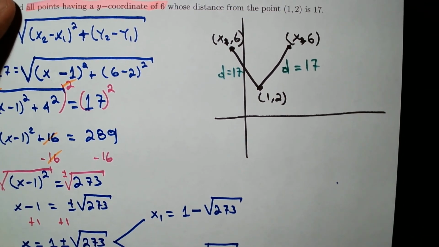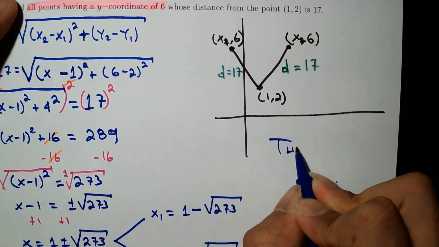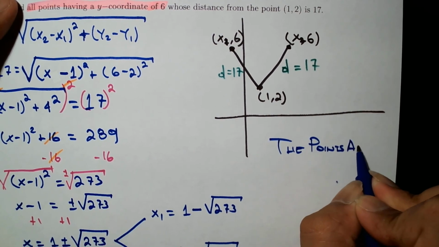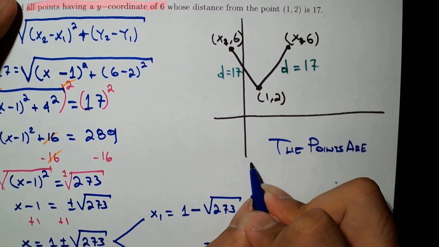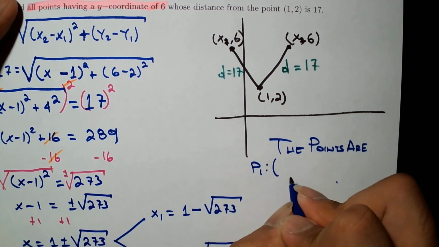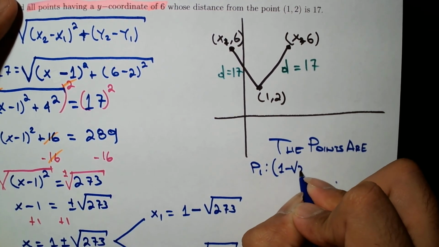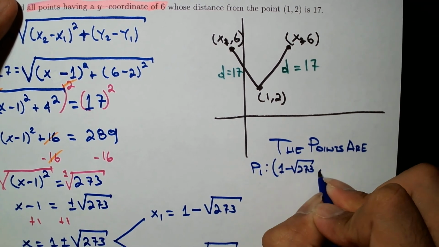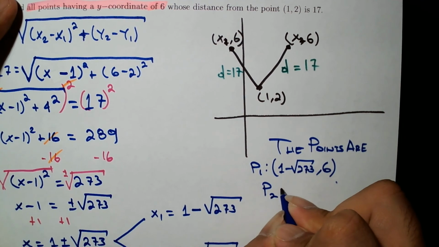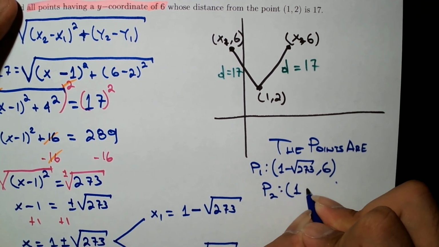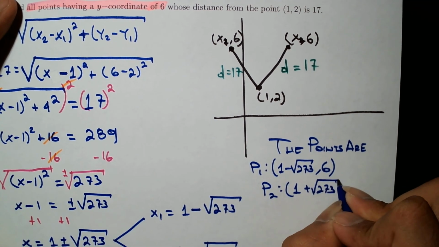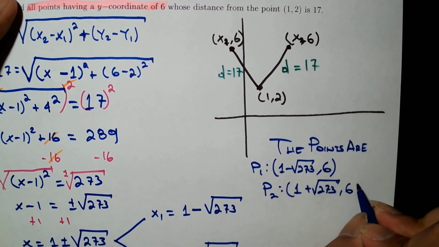So in this case, the points are P1, 1 minus the square root of 273, comma 6, and P2, 1 plus the square root of 273, comma 6.